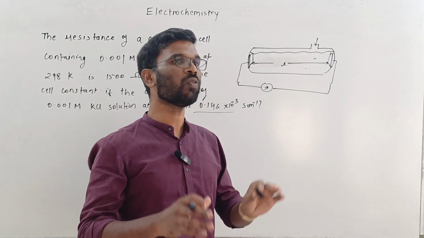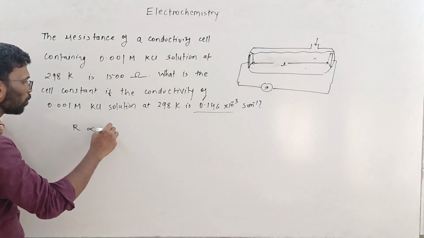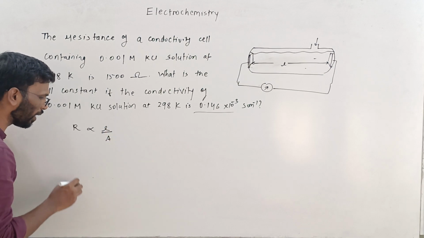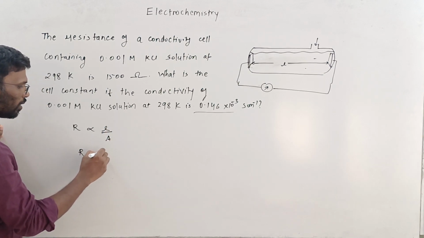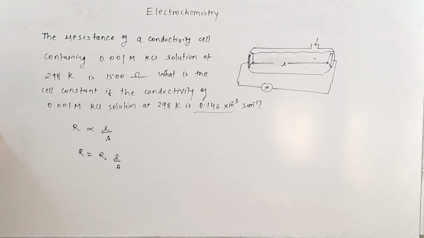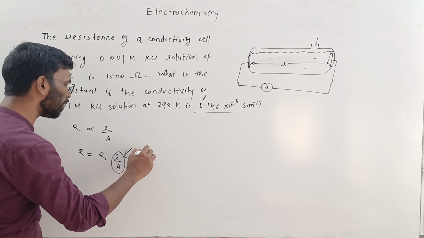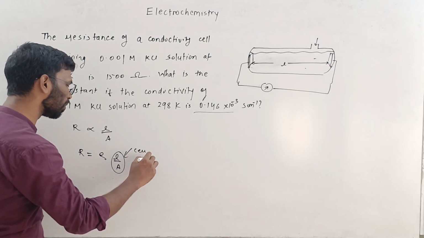Now when we do a setup, resistance is directly proportional to length and inversely proportional to area of cross section. So resistance is equal to rho l by A. Now what you are told to find is L by A, the cell constant, right?